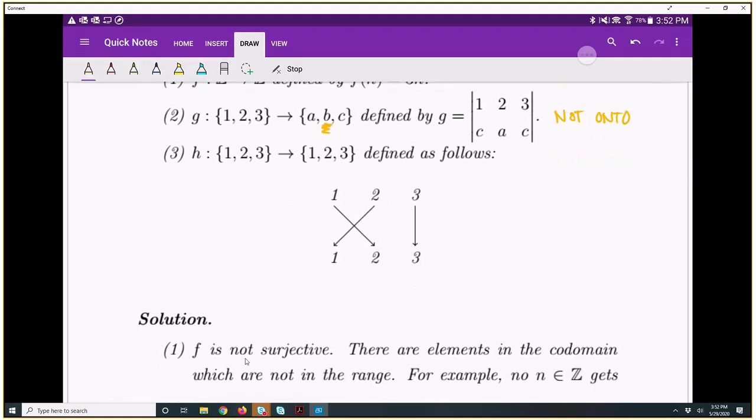And then the third example here, h, the function from {1, 2, 3} to {1, 2, 3}, where 1 gets mapped to 2, 2 gets mapped to 1, and 3 gets mapped to 3, this is onto, or surjective, because all of the elements here in the codomain are getting mapped from somewhere.